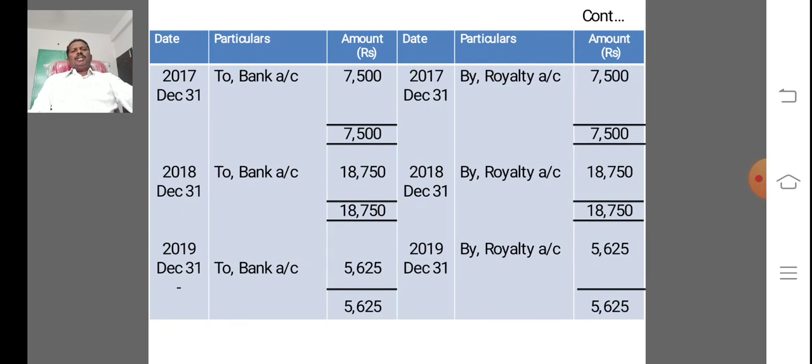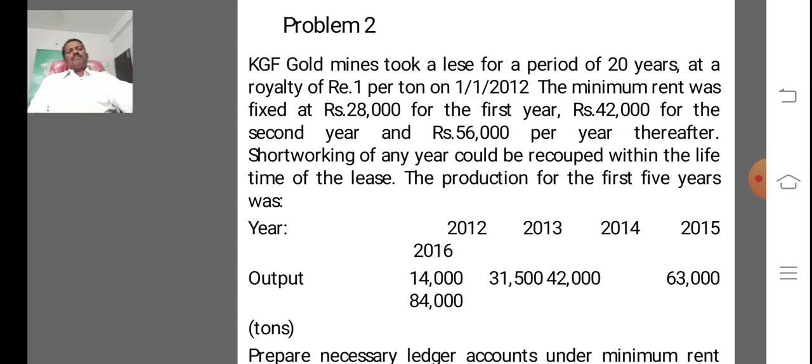In 2017, debit to bank account 7,500 and credit by royalty 7,500. In 2018, debit to bank account 18,750 and credit by royalty account 18,750. And finally in 2019, debit to bank account 5,625, credit by royalty account 5,625.